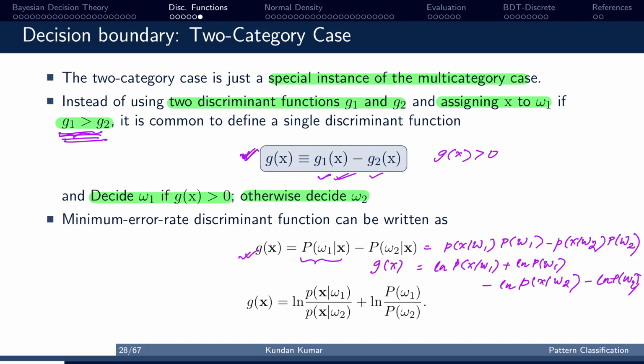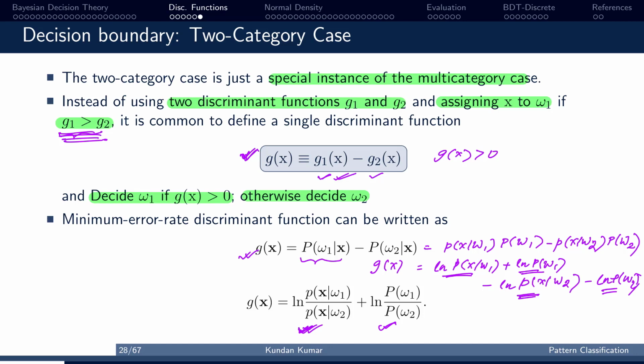Now take the ratio of these two, because they are in logarithmic form and the terms are in difference form. That means these two terms can be combined into ln of the likelihood of class 1 divided by the likelihood of class 2, and the prior terms can be combined together.